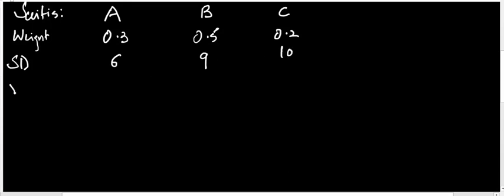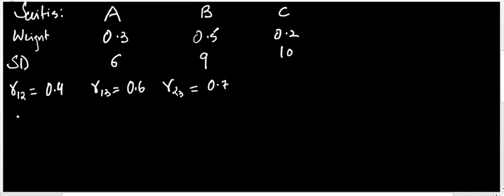I'm also given the coefficient of correlation between security 1 and 2 equal to 0.4, between security 1 and 3 equal to 0.6, and between security 2 and 3 equal to 0.7. And I'm asked to calculate the risk on the portfolio.